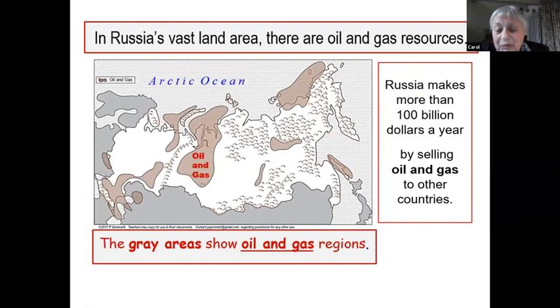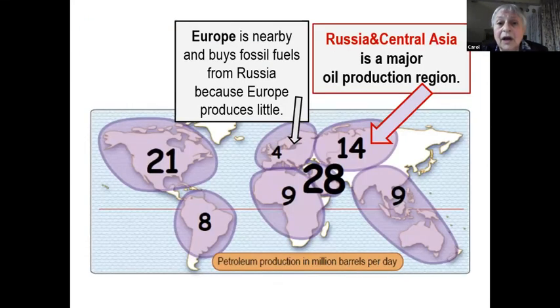Inside Russia, being blessed with a huge area, you get a great variety of young mountains and old mountains and in between the two. And so it's blessed. And very important to its economy is it has oil and gas regions. Remember that we saw that it was the third largest producer.